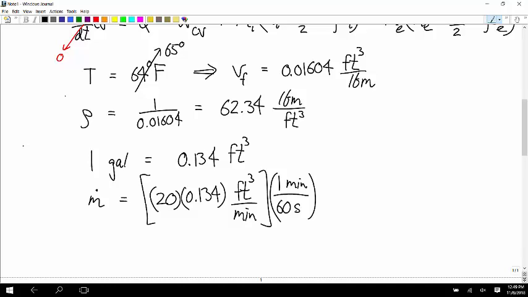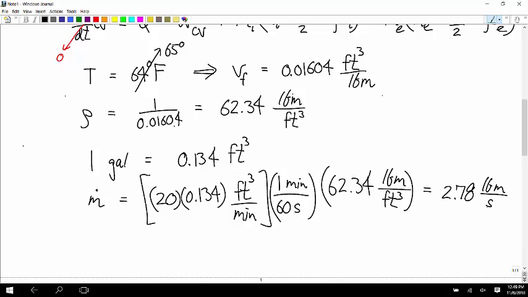And then we have to multiply that by the density, 62.34 pound mass per cubic feet. And so what do you get if you multiply all that out? Okay, 2.78 pound mass per second.